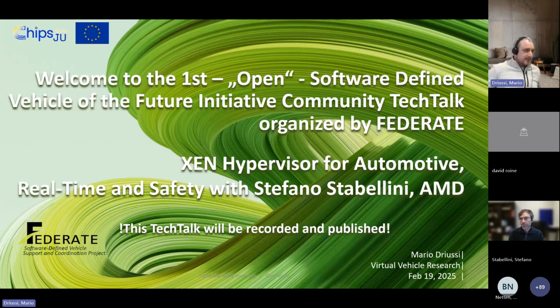But today, let's say we start at the bottom at this SDV reference architecture. If we talk about this reference architecture, it's always the same, let's say, for these architectures. We're talking about the hardware platform, some low-level drivers, board support packages, firmware, then you have an operating system. And on top, you have some middleware and applications.